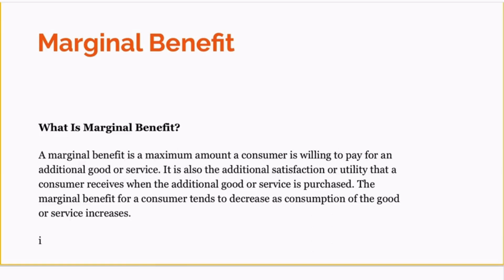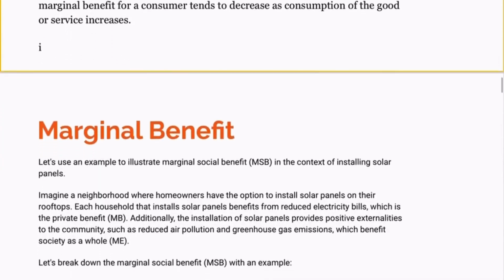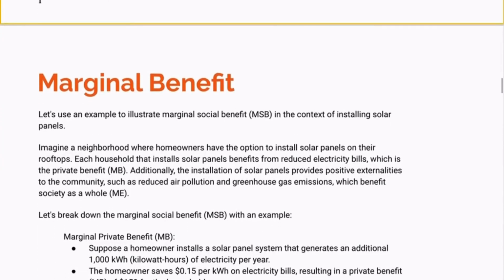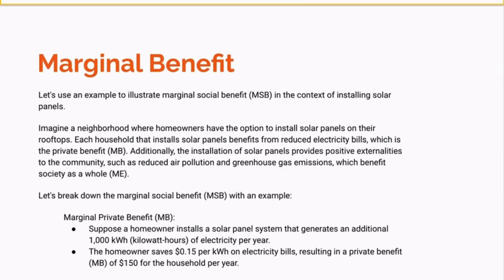So the marginal benefit for a consumer has to do with the willingness to pay for an additional good or additional service. So let us understand this concept with the help of an example where I would explain how a marginal social benefit is arrived at for a case study with a positive externality.